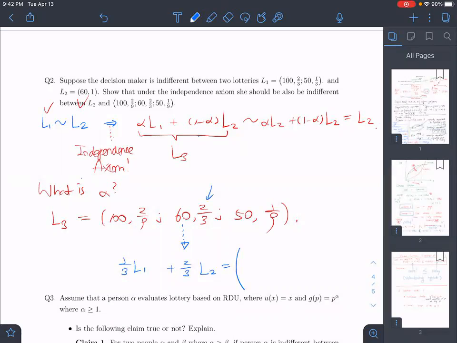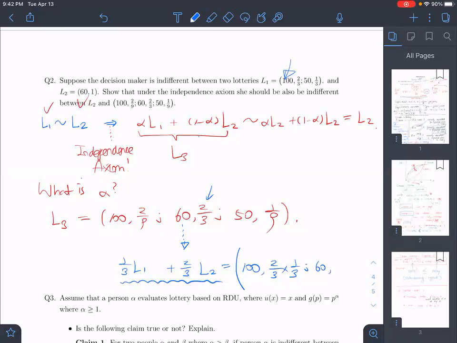Does it work? For L1, this outcome 100 only exists in the first lottery. For this compound lottery, the probability of getting 100 is 2/3 times 1/3, the probability of getting L1. The second outcome is 60.